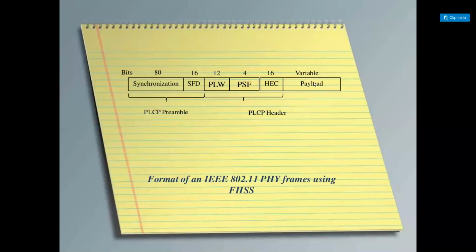It is the signaling unit. Just remind yourself about that one.